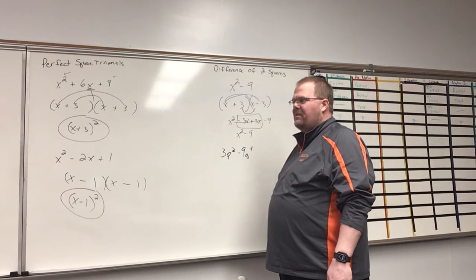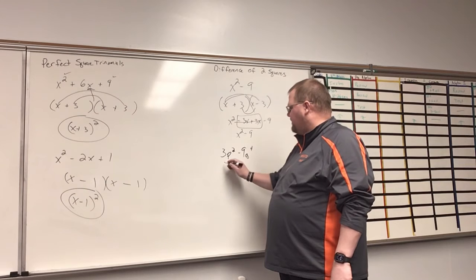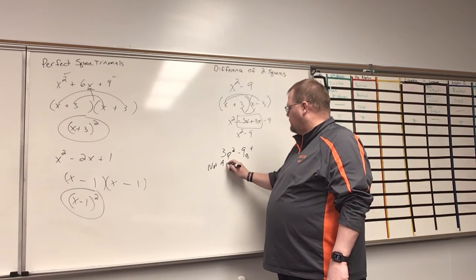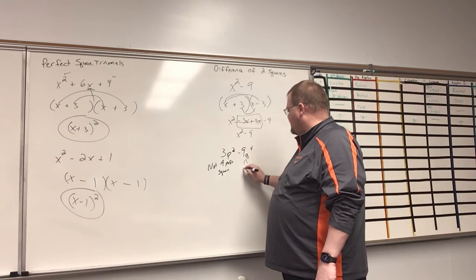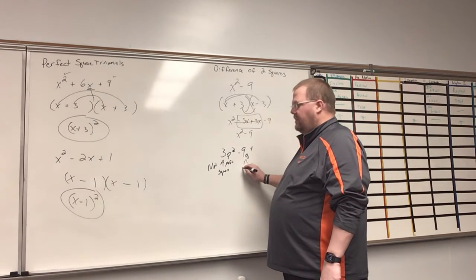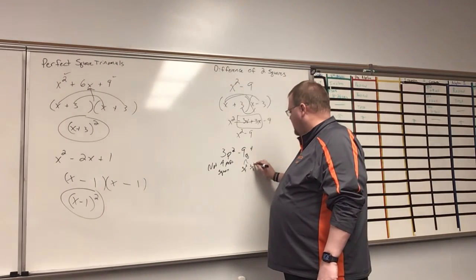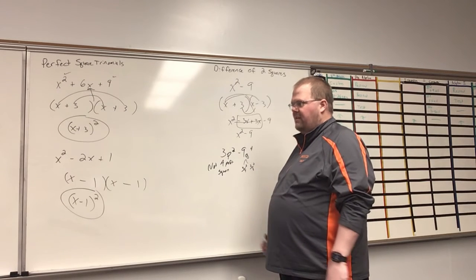Can we do anything with this whole thing? We really can't. We know this is not a perfect square. But this one is, because this could be 3q squared, 3q squared. But because it's not a perfect square, it cannot be factored.